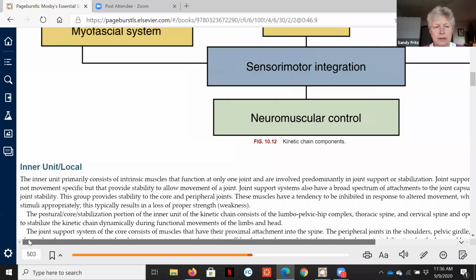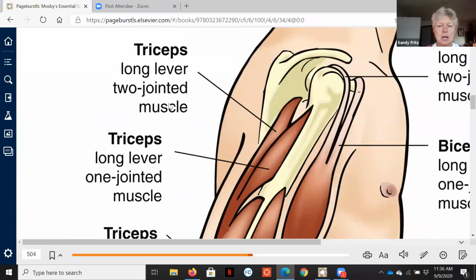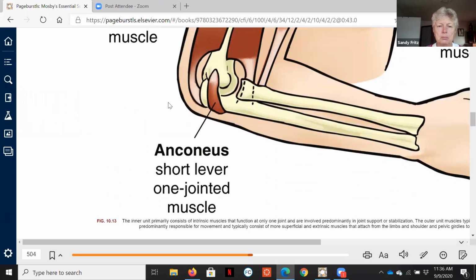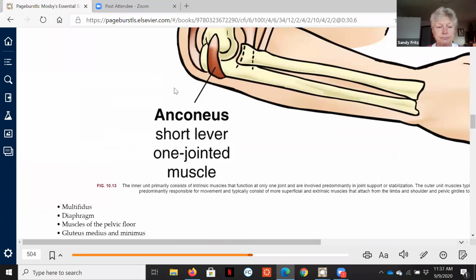And then the other thing we have are the structures that are more focused on balance and stability. That's your inner unit, which are muscles that work just around a joint, and then your two jointed muscles, which would be considered your outer unit.